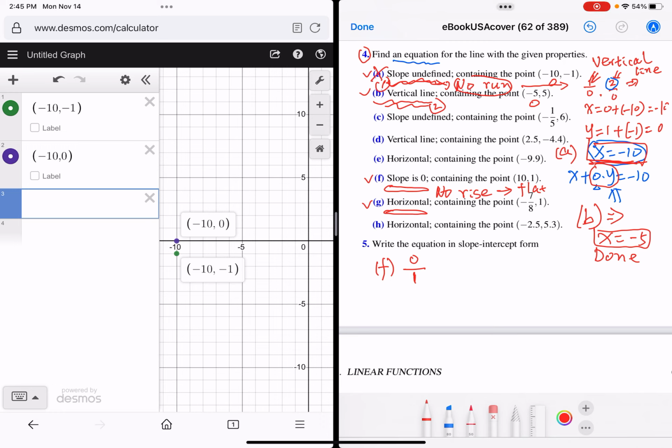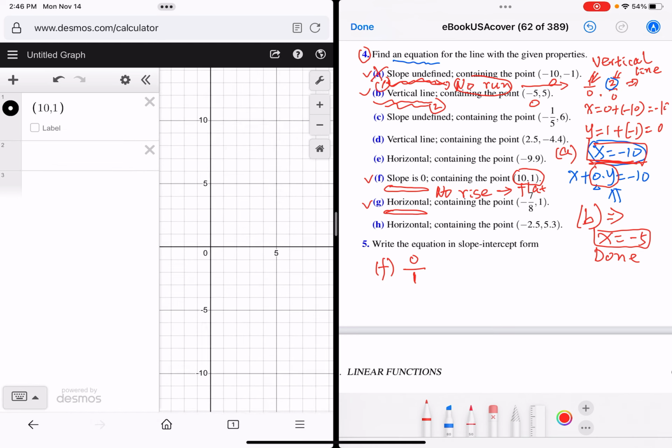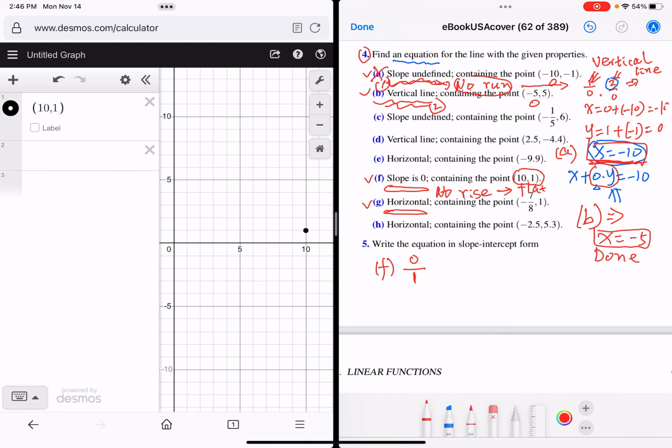If you want to find a point, for (10, 1), where is that point? That's right here, (10, 1). And then you see the slope again is 0.